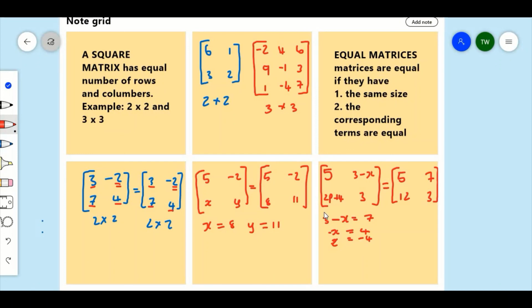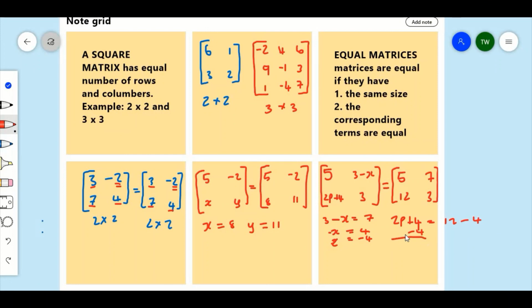Now in order to determine the value of P, we're going to equate the corresponding elements. Therefore 2P plus 4 is going to equal 12. Now what we're going to do is subtract 4 from both sides.